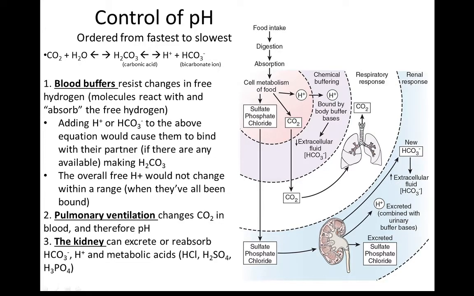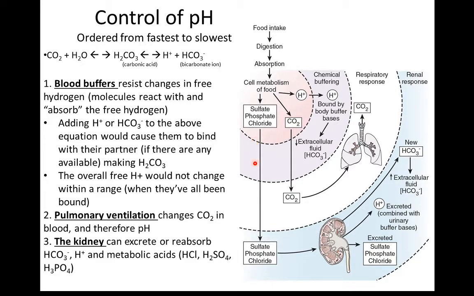In this figure, you can see how digestion, absorption, and cellular metabolism of food result in the production of hydrogen, carbon dioxide, and phosphate chloride.